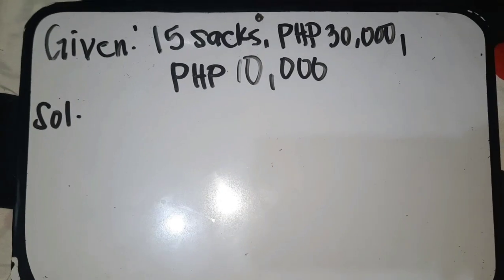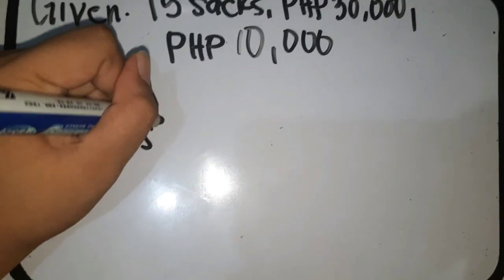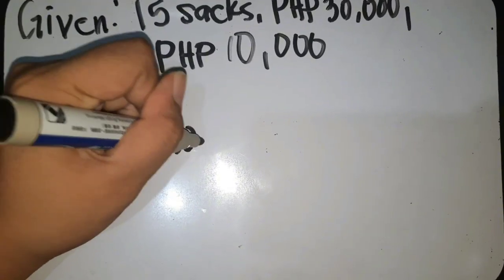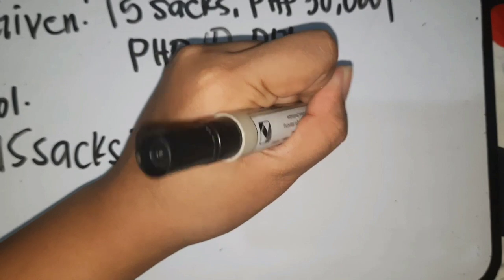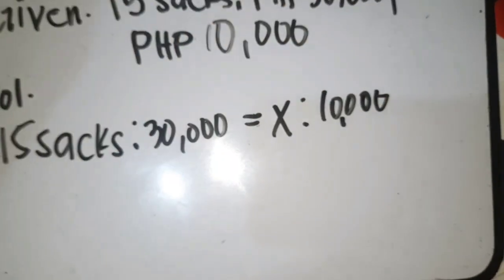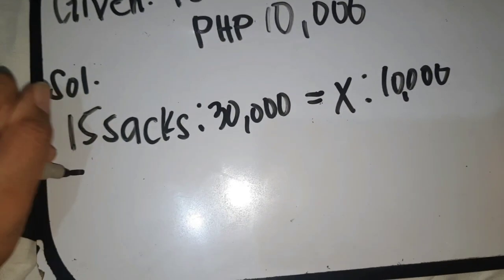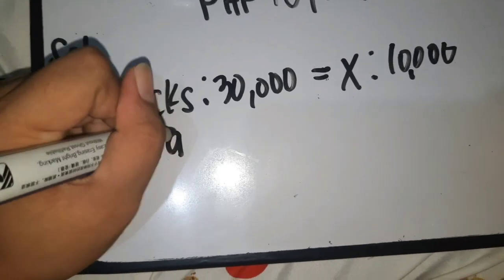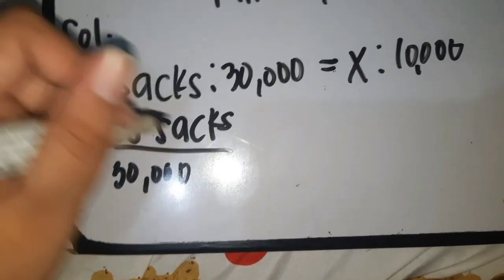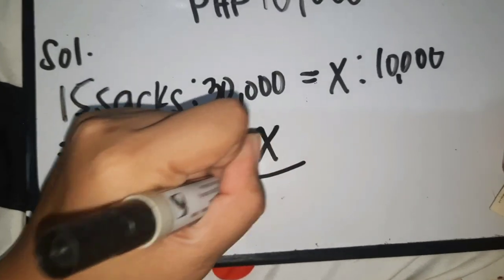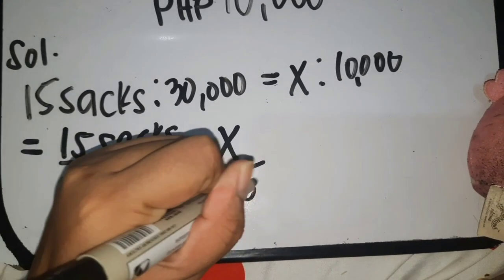So, we will again make it a ratio. 15 sacks is to 30,000 equals x is to 10,000. Then, here, it's the same process again.